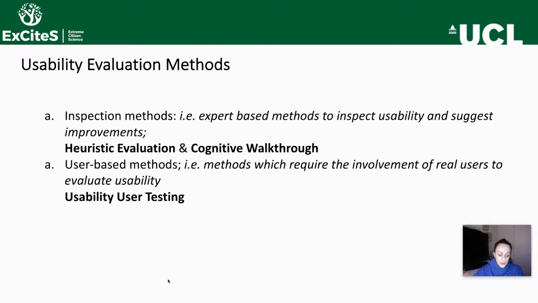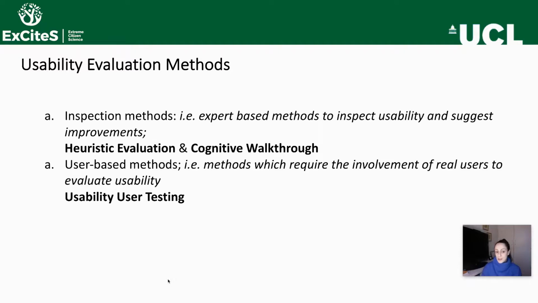Another way to think about the methods and differentiate them is based on who is involved in the evaluation of the interface. So we have inspection methods, which are expert-based methods, which are used to inspect the usability of an interface and suggest improvements.